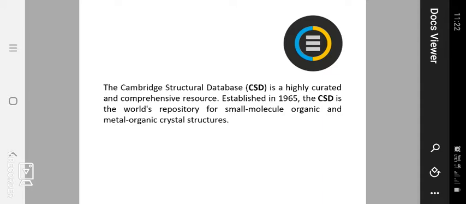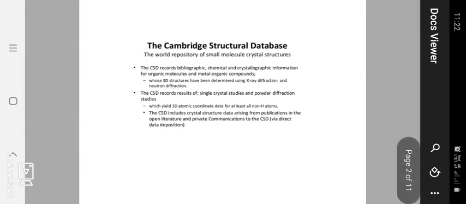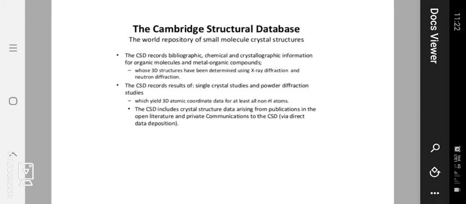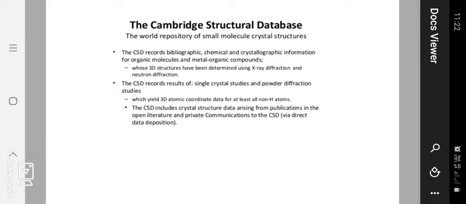The Cambridge Structural Database, that means CSD, is a highly curated and comprehensive resource. It was established in 1965. The Cambridge Structural Database is the world repository for small molecule organic and metal organic crystal structures.